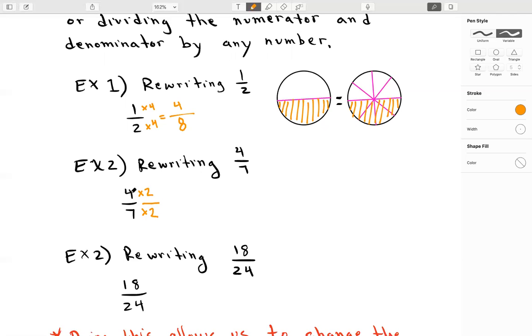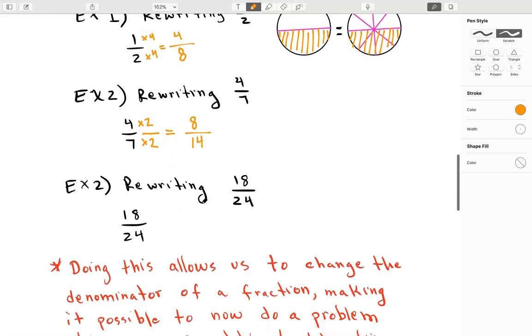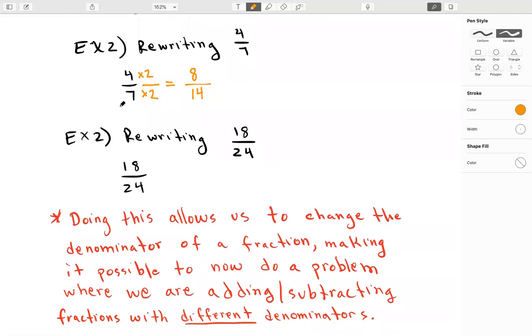So really it's the same quantity, but the denominator is different. 8/14. That's another way to write this. Let's rewrite 18/24.